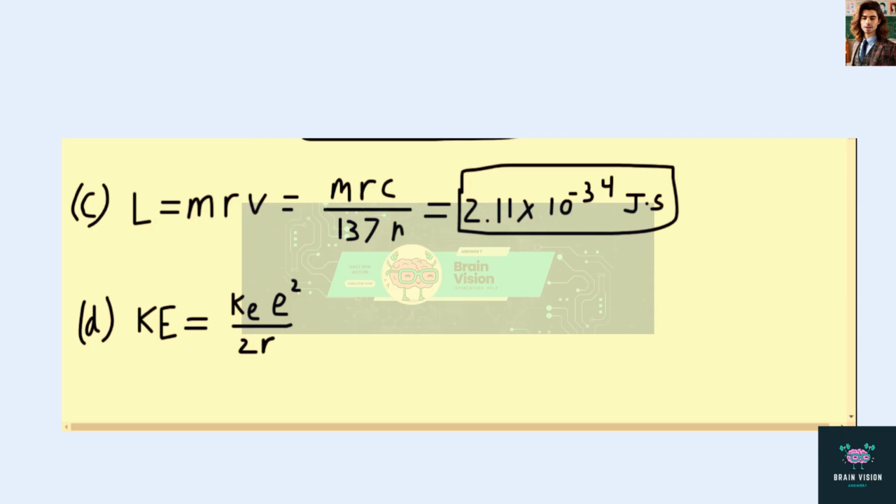And ke is 8.99 times 10 to the 9, and of course the charge of the electron is 1.6 times 10 to the minus 19 coulombs. Plugging these values in, we find that the kinetic energy for this electron is equal to 5.43 times 10 to the minus 34 joule seconds.